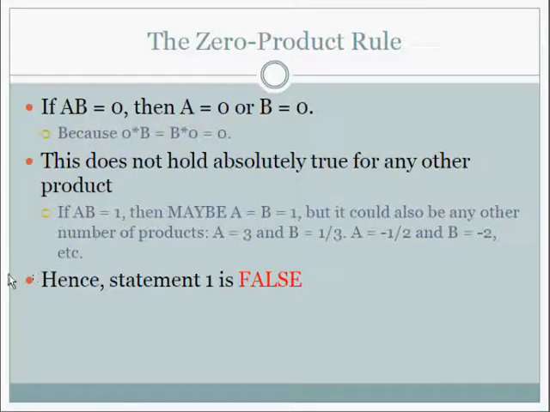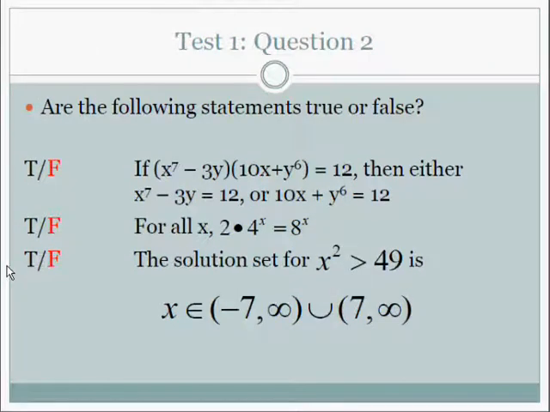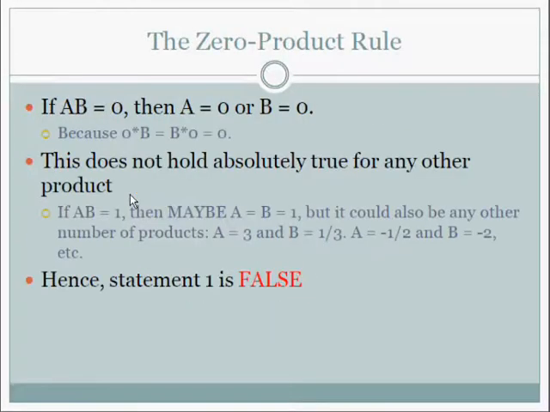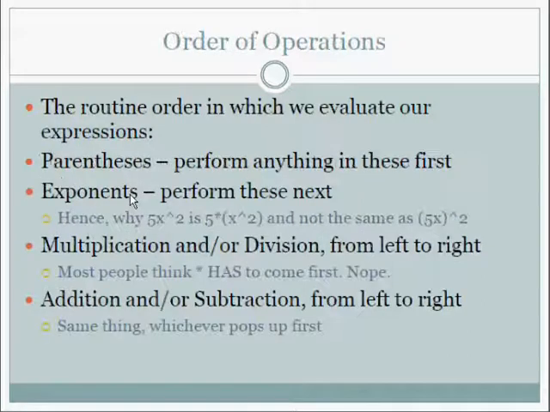So that first statement is definitely, absolutely false. Plus, I tried to make these pretty convoluted looking to help students realize that for the product of the first thing and the second thing, regardless of how simple or complicated it looks, we essentially still have to follow the zero product rule.